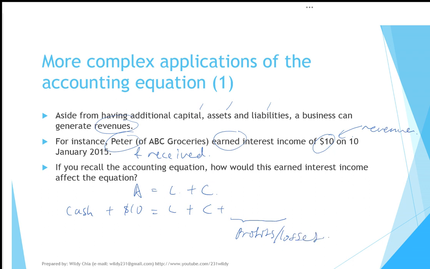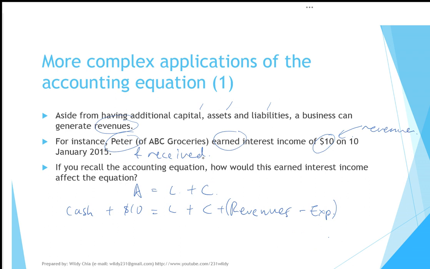A business is able to make profits and losses, and this is calculated by taking revenues minus expenses. This portion determines how much profit is made, and this profit or loss belongs to the owner, or is borne by the owner if it's a loss.